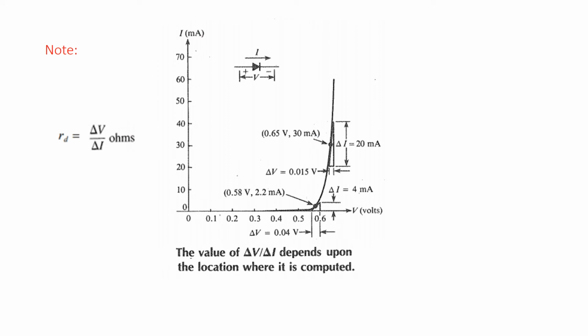Okay, just to give you an idea, the resistance delta V over delta I depends on where the operating point is. Now if your operating point is here, the value of rd will be different, and if your operating point is here, the value of rd will be different, because you can see rd is delta V over delta I. Now here delta I is very small. In this case, delta V is small and delta I is very large, so they have different values.